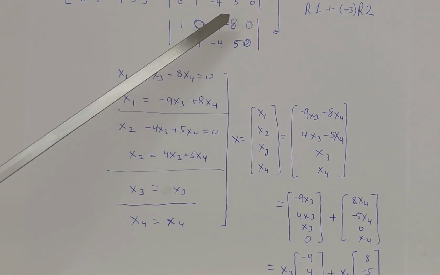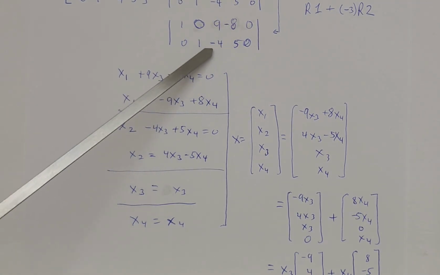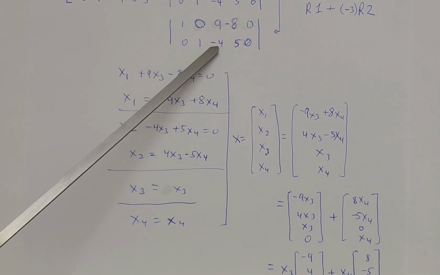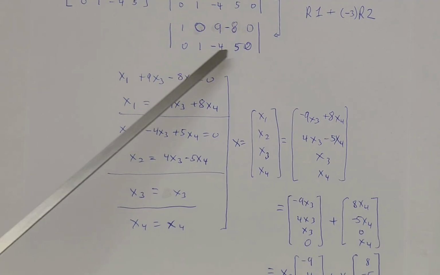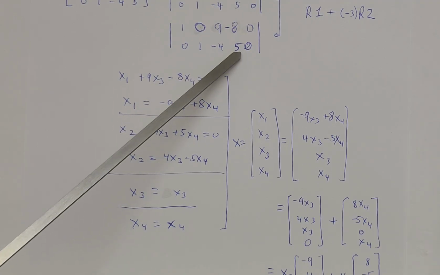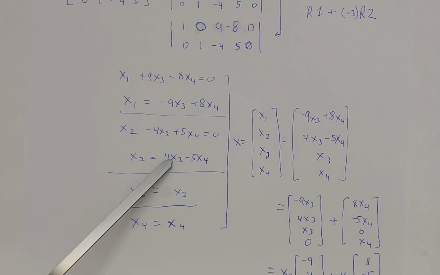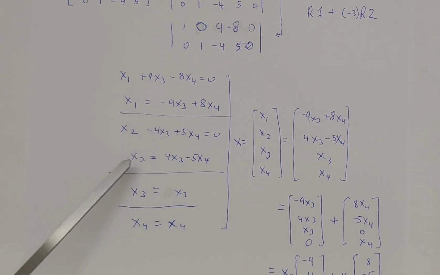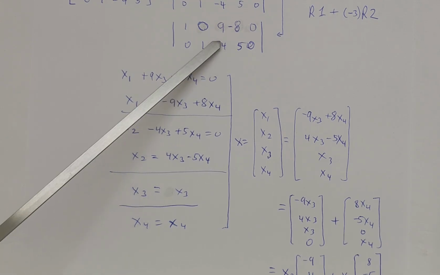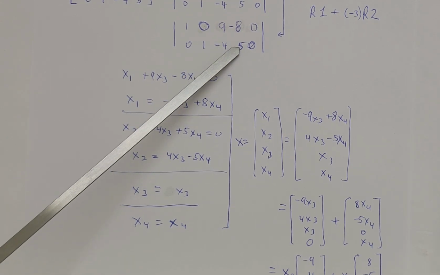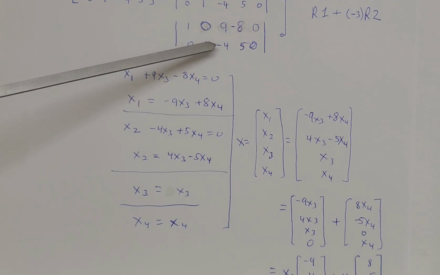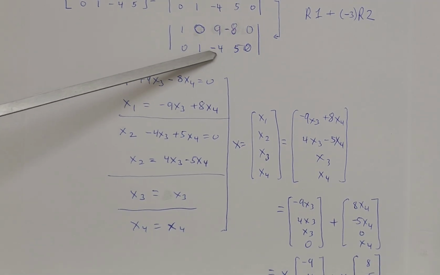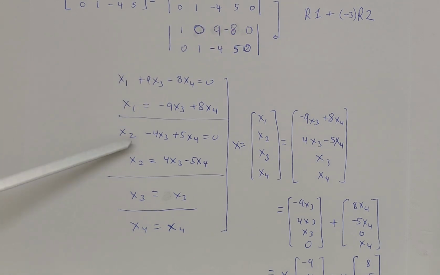Now with x3 and x4, there's nothing here for x3 and nothing here for x4, even though it says -4, -5, because the -4 and -5 are already taken from x2. Again, this right here is x3, this right here is x4. However, it's already taken from x2, which is here.